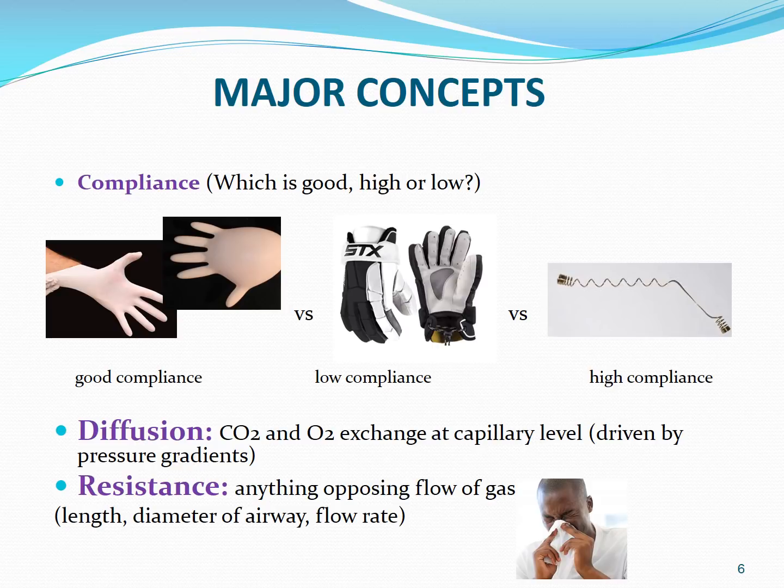It just has to go right into the airway and then into the lungs. A lot less resistance. If we think about the diameter of the airway, if you think about a big tube and getting air to go through that tube versus a straw, the straw has a lot more resistance. So length and width have a lot to do with the amount of resistance air is going to meet.